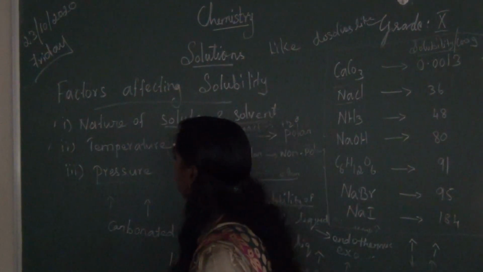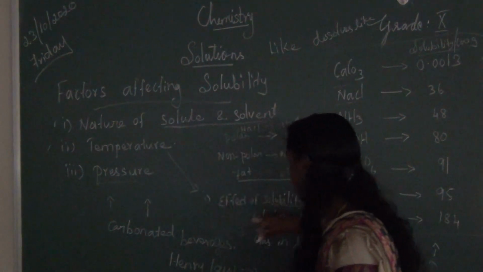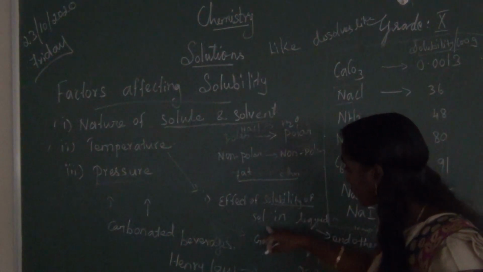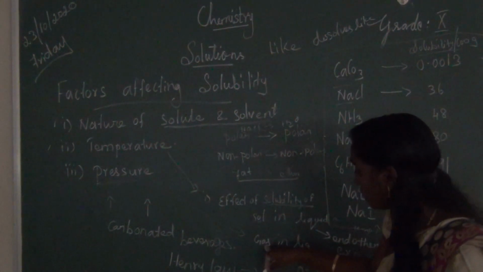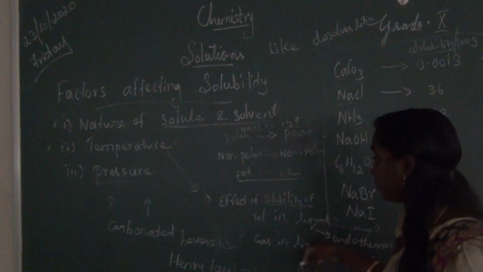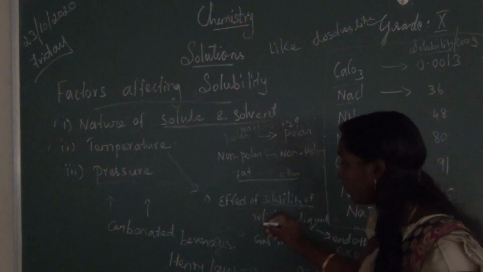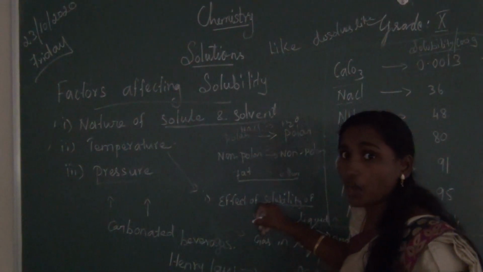The next is effect of temperature. Here we studied two terms: solubility of solid in liquid, and solubility of gas in liquid. In solubility of solid, mostly the solute is taken in the form of solid.